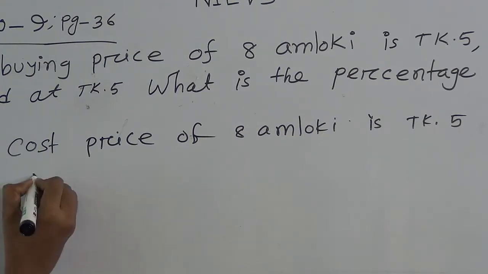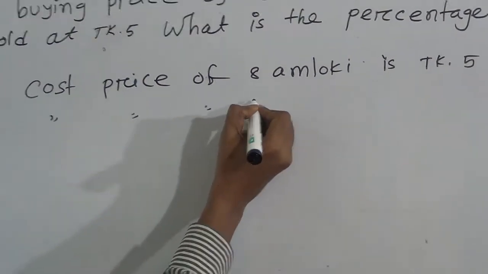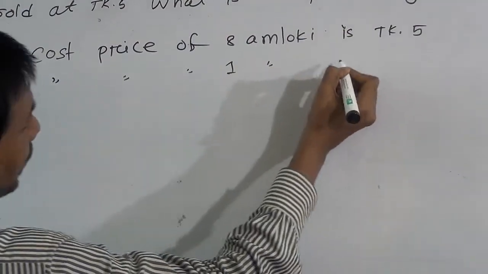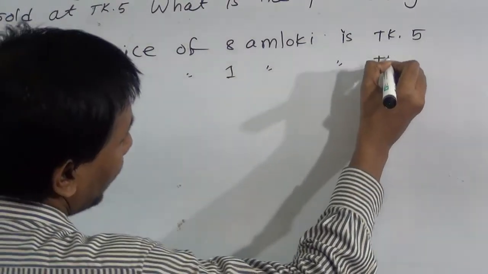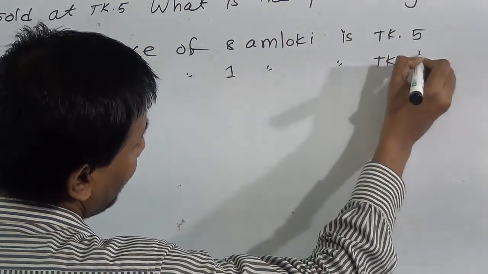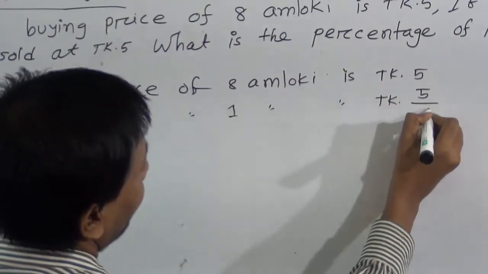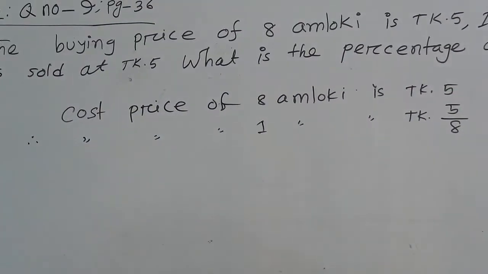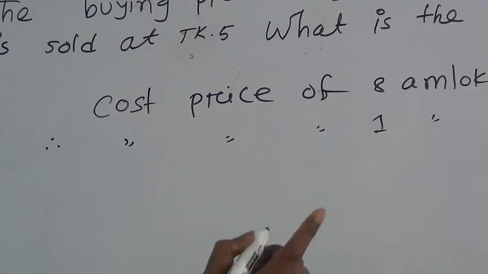Therefore the cost price of 1 amloki is 5 by 8 taka. This is the cost price.